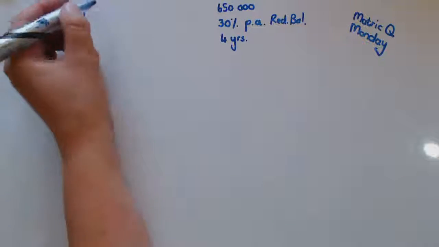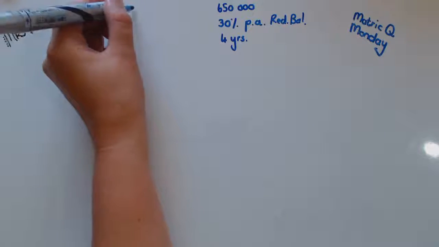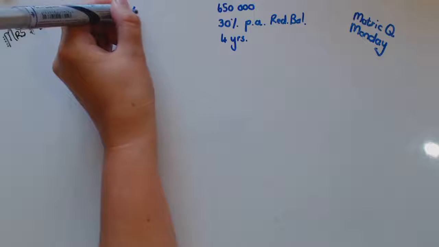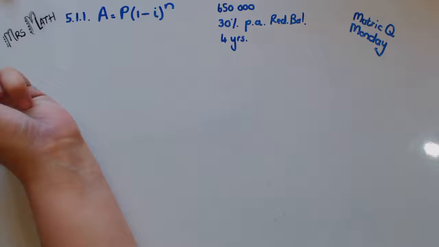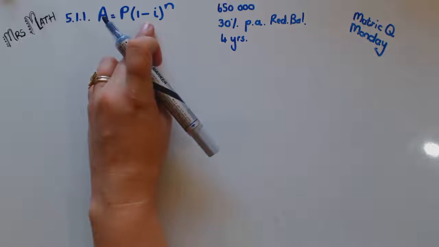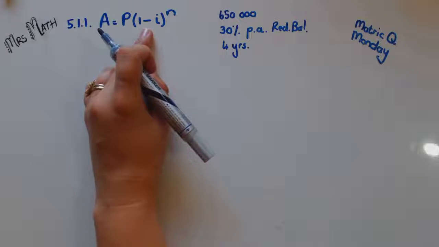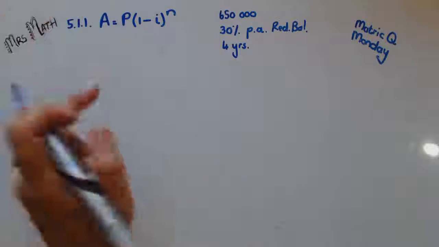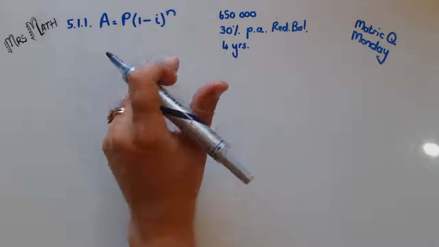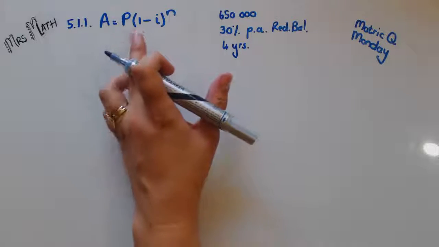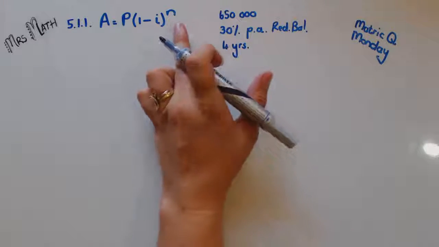Now, for reducing balance depreciation, I use this formula, but instead of where it usually has a plus for interest, for depreciation it has a minus there. For the straight line method, I use the 1 minus i times n, and for the reducing balance, I use this one.